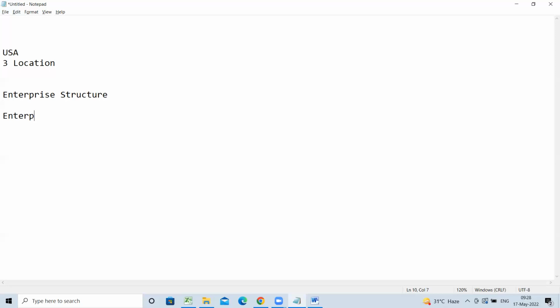By default we cannot have more than one. Yes, one enterprise, then one primary ledger. And how many divisions? We can create one division.